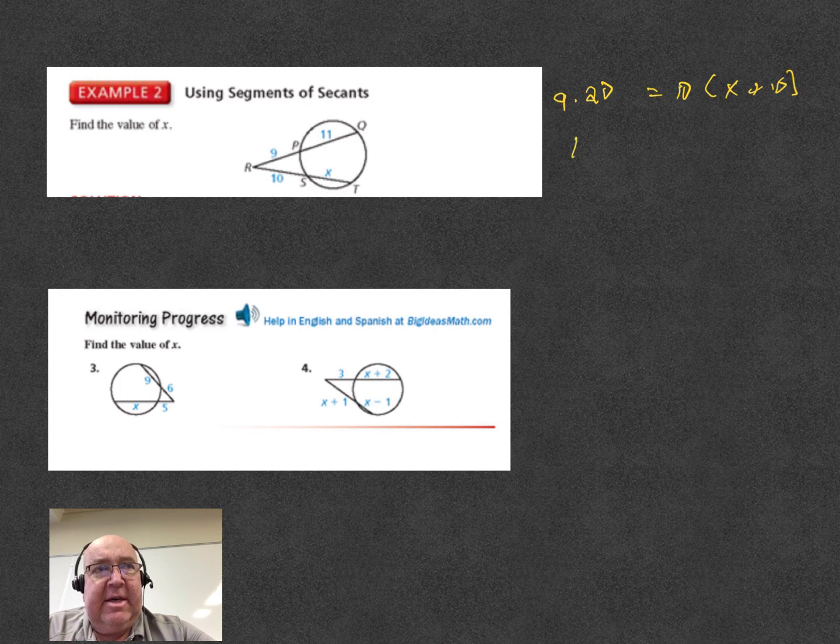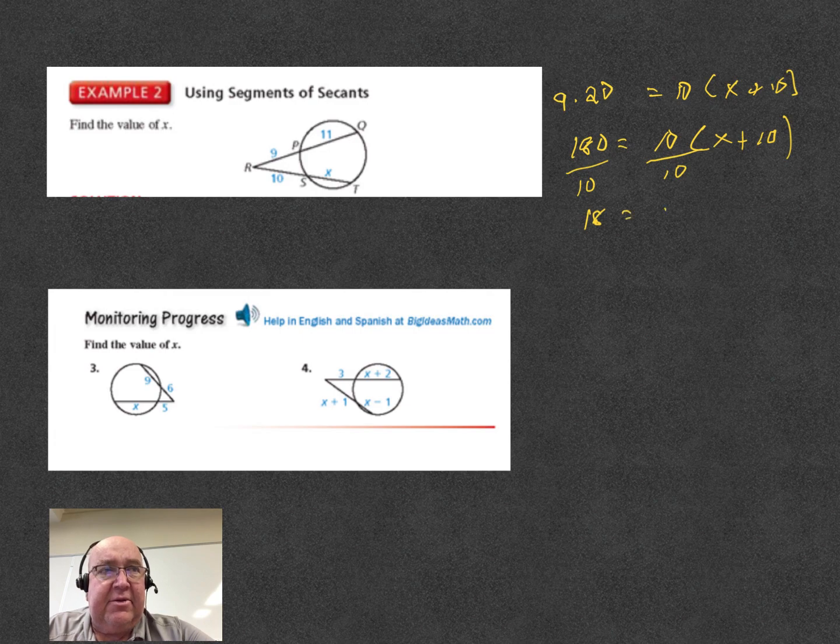So I'm going to get 180 is equal to 10 times x plus 10. Again, I'm not going to distribute, I'm just going to divide by 10. And I get 18 is equal to x plus 10. Subtract 10, subtract 10, and I'm going to get x is equal to 8.